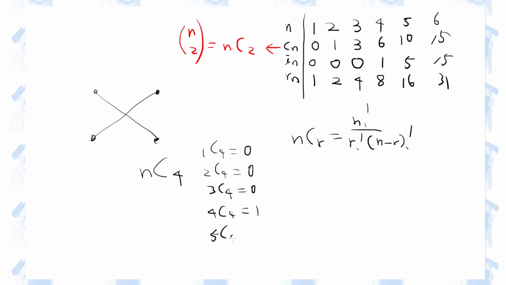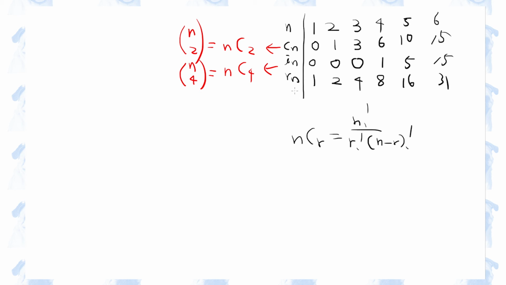And 5 choose 4 is 5 factorial over 4 factorial times 1 factorial, which is 5, and so on. So the general term for I sub n is n choose 4, which can also be written as n4.